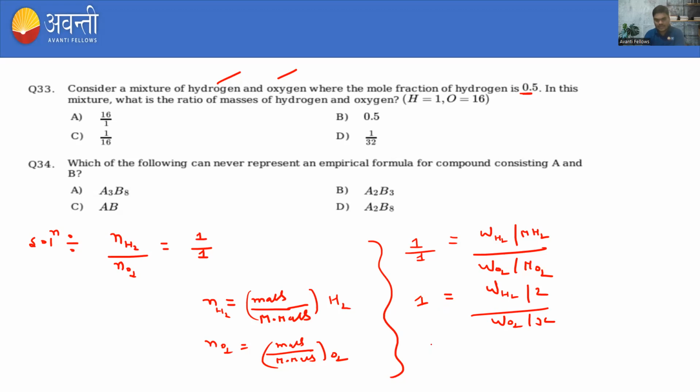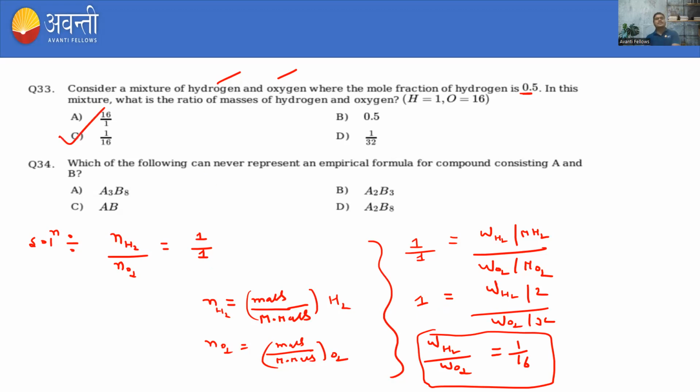So from here we can calculate the ratio of weight of H2 upon weight of O2, which comes out to be 1 by 16. So this is the ratio of the masses of hydrogen and the oxygen, that is 1 ratio 16.